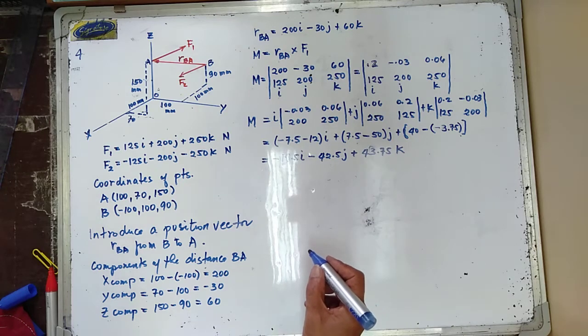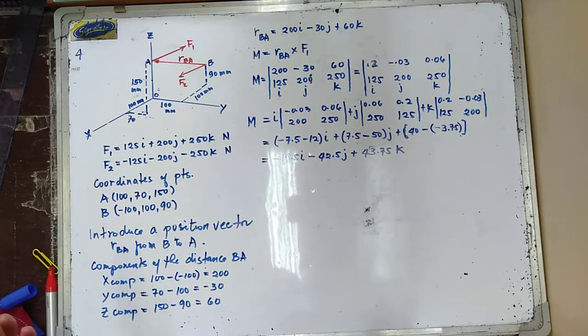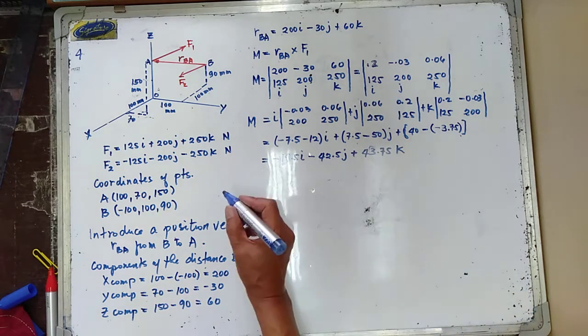So let us try to determine now the perpendicular distance between F1 and F2.